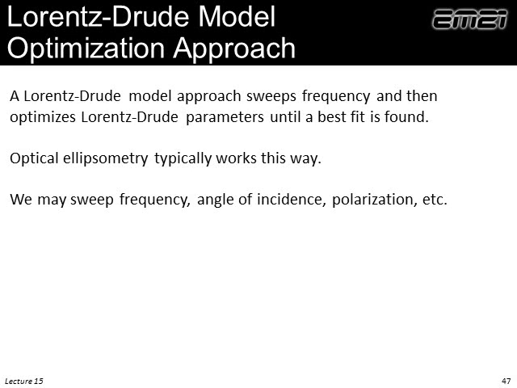So rather than directly iterating mu and epsilons, we're iterating the Lorentz-Drude parameters, and we're using that as an optimization. And we play with those until the Lorentz-Drude predicts a frequency sweep that matches either our measured or simulated from the engineered material. And the optimization works on the Lorentz-Drude parameters, not directly the mu and epsilon.